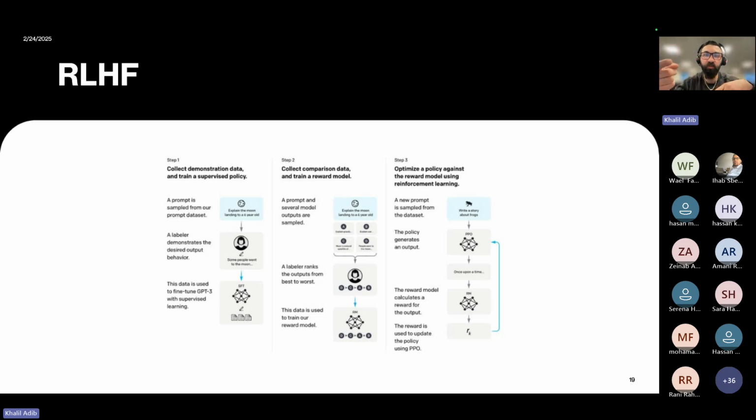Then they train a reward model to rank the outputs for a given input, and they use that reward model in reinforcement learning with an algorithm called PPO, which stands for proximal policy optimization, originally discovered by OpenAI.